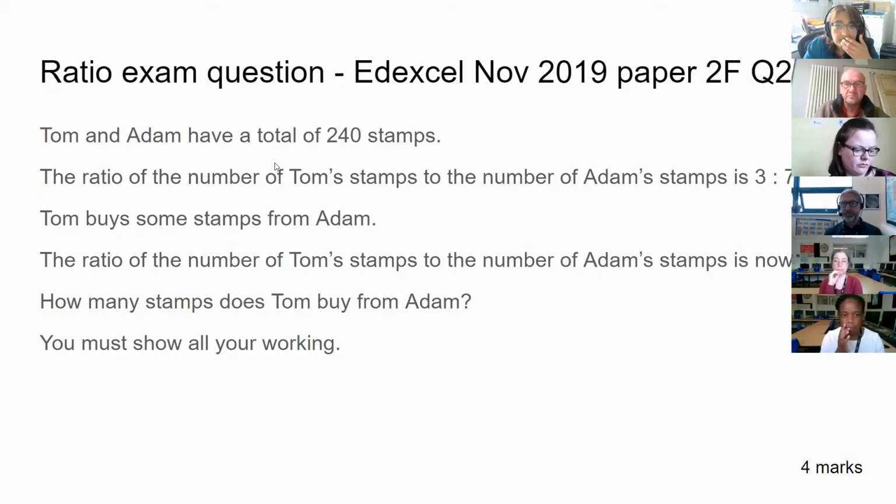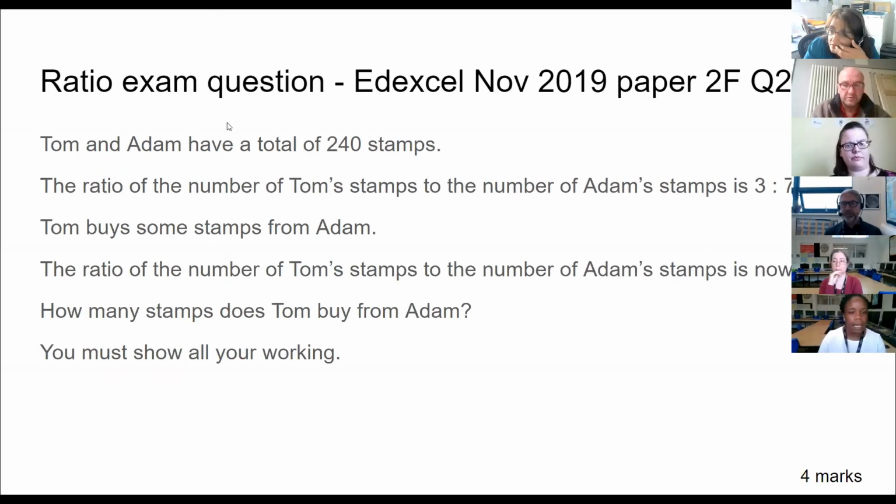So now we're going to look at a ratio exam question. Again, this is not a straightforward ratio question, but I'd like to give you a chance to just try this question out. And then I'm going to show you how it's used using bar modeling. You've got a minute to try this one.